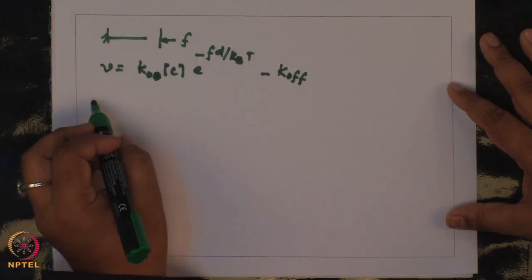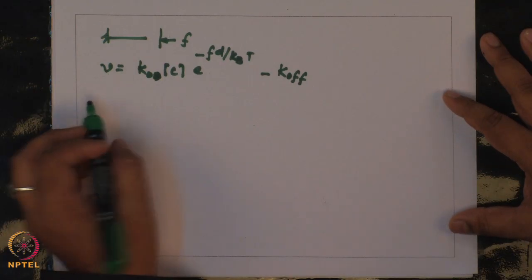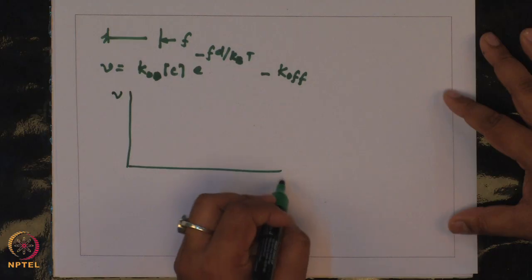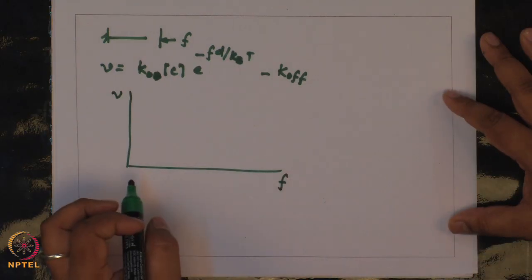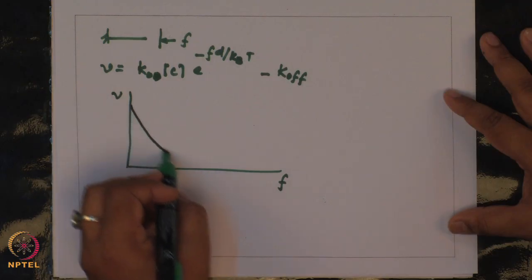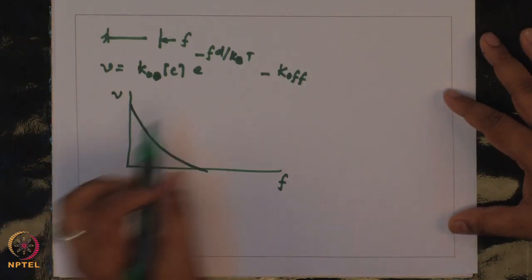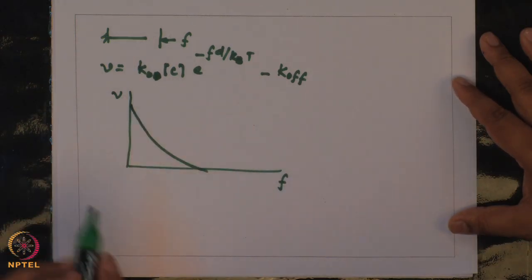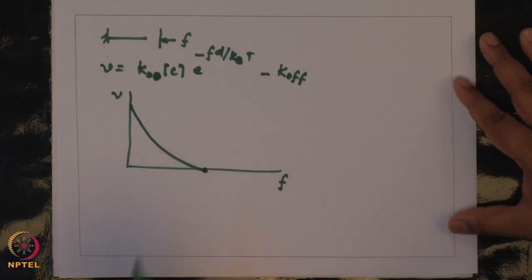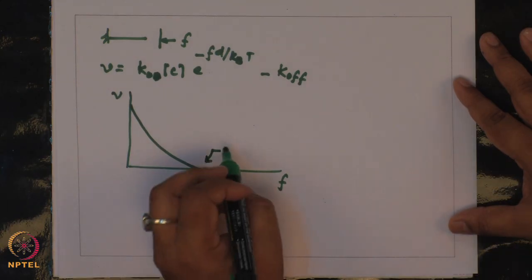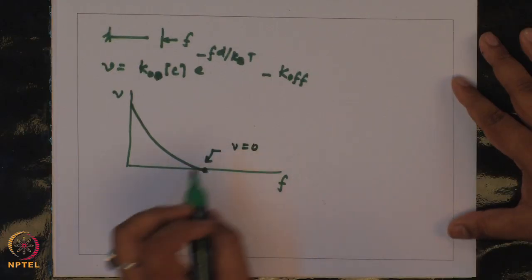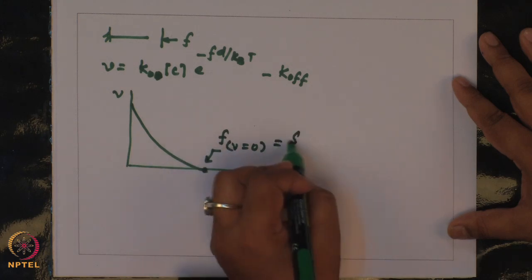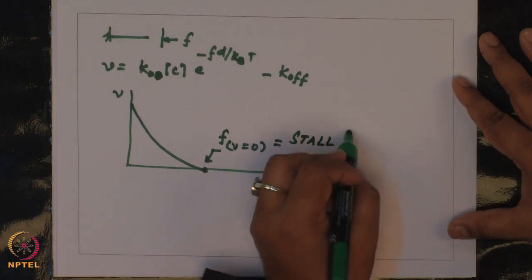So, I can determine the stall force for this. First of all, the velocity profile will look something like this, exponential, since you have an e to the power minus f d term. The value at which v is 0 is called the stall force.